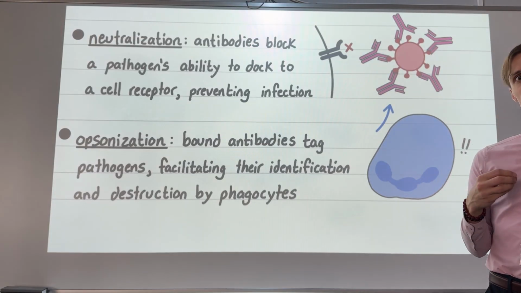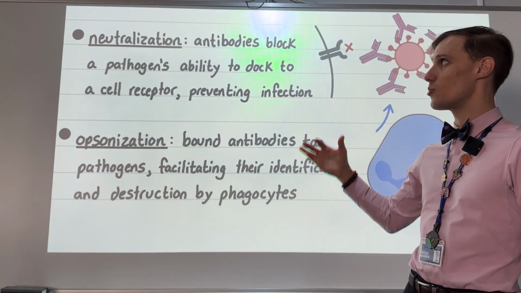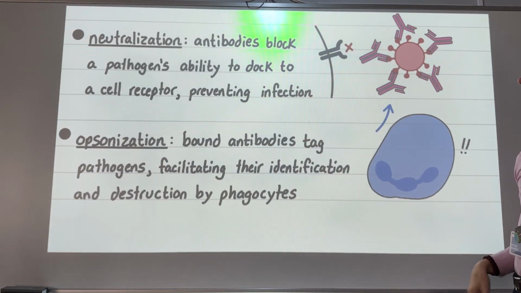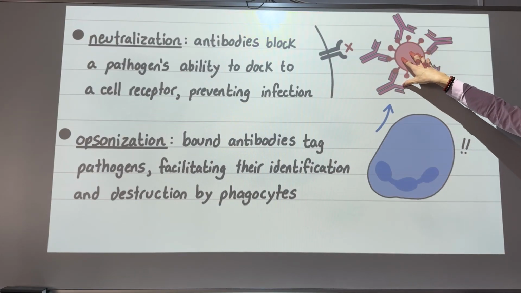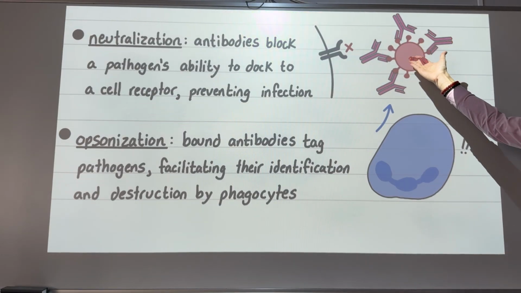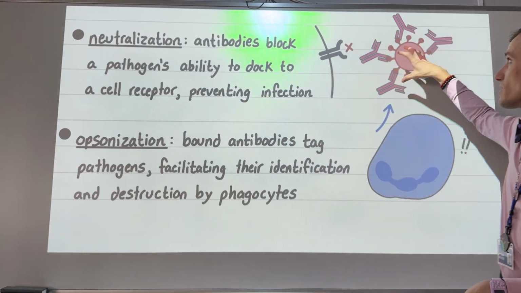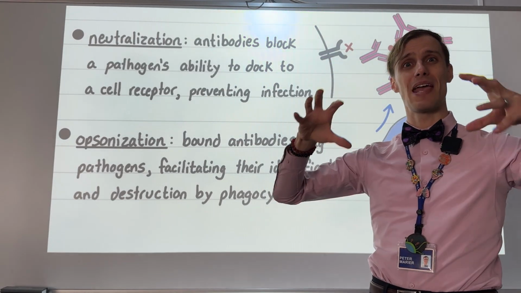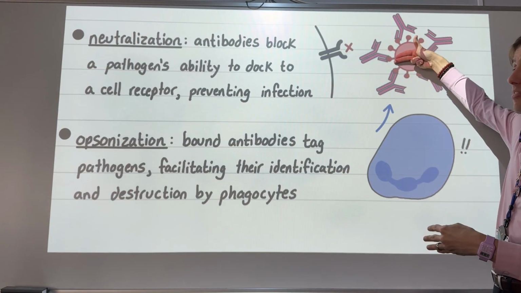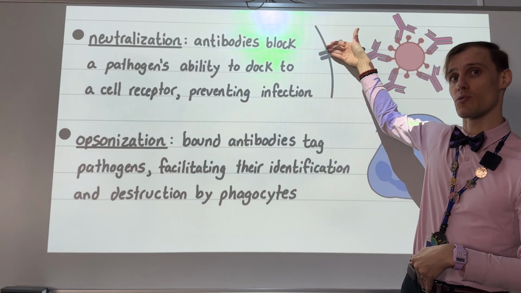Another aspect in antibodies' aid in pathogen destruction would be neutralization. And what this means is that a bunch of antibodies are bound on the surface of a pathogen, in this case a virus, and it prevents the viruses from actually docking, because a lot of viruses and bacteria are able to infect by docking their antigens onto our cells' receptors.